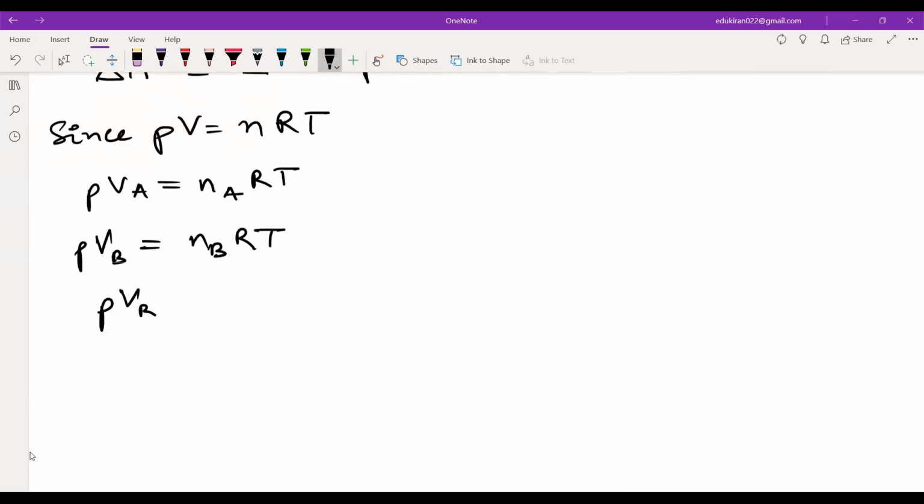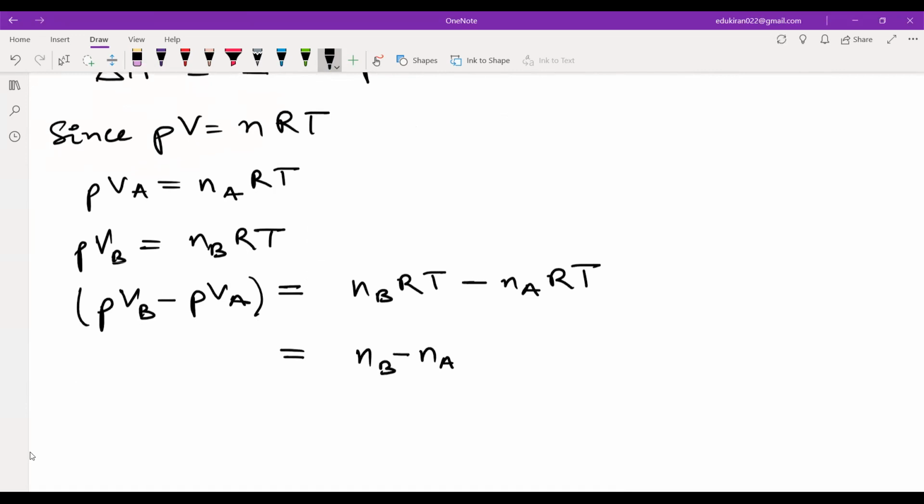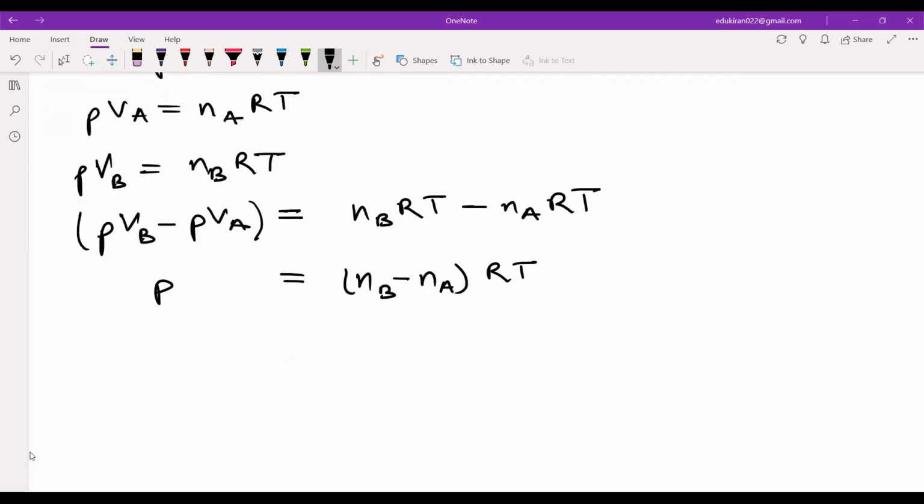PVB minus PVA, that is equal to NBRT minus NART. Yes or no, guys? And then we can take RT as common, and this will be equal to NB minus NA times RT. So this P delta V is equal to NB minus NA into RT, and since we have taken the ideal gas equation, P delta V is equal to the change in the number of moles of gas times RT.